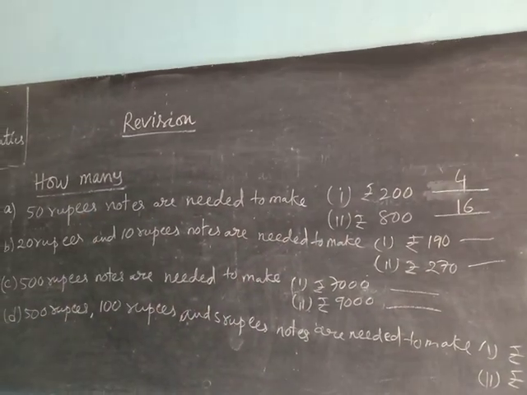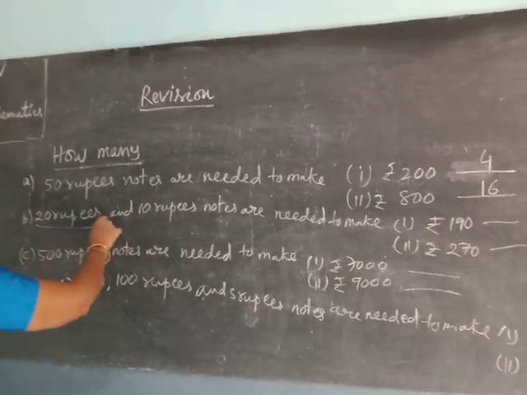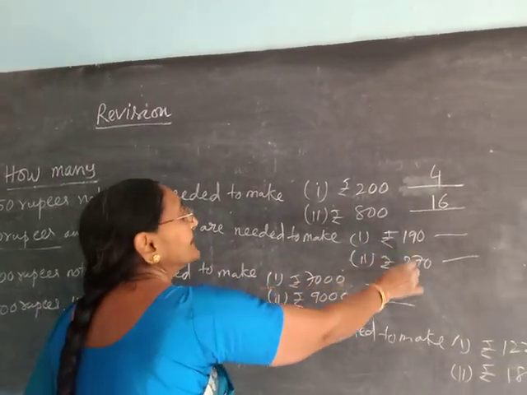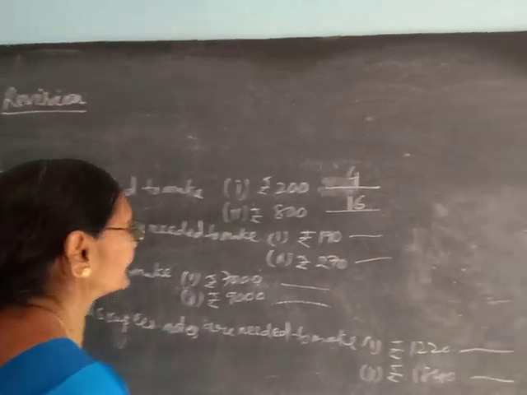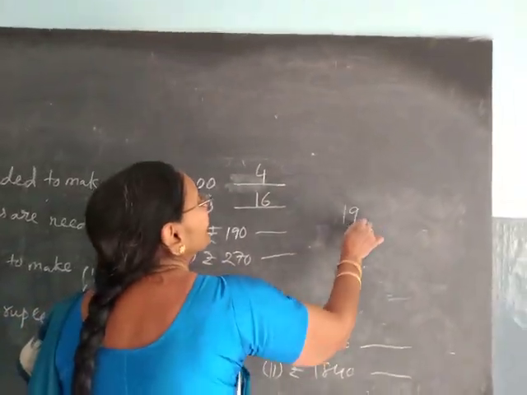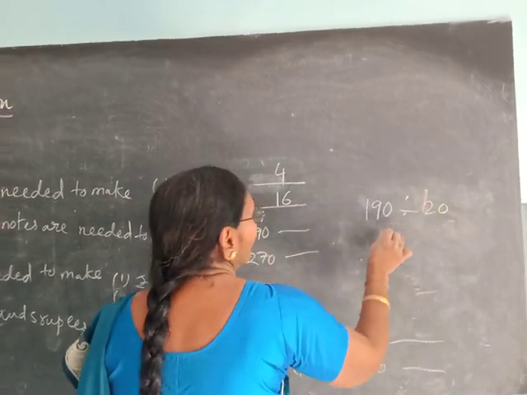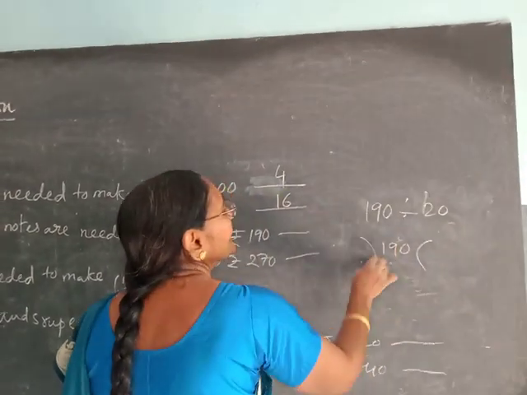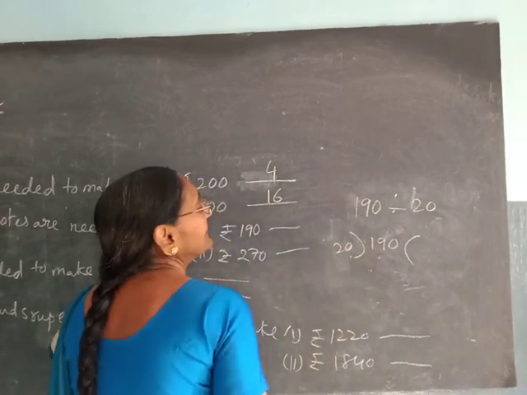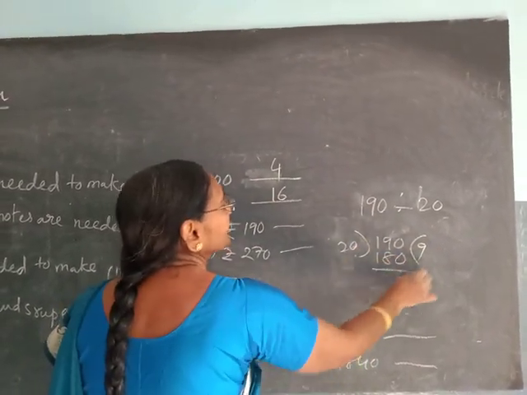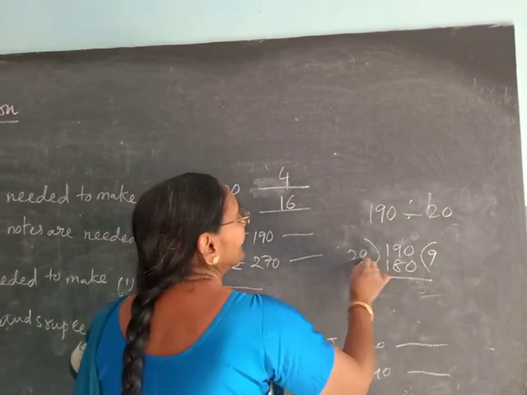Next, how many 20 rupee notes and 10 rupee notes are needed to make 190, and second is 270? First you have to divide 190 by 20. 190 divided by 20. 20 9s are 180, you know that. Then you put 0. Then 20 9s are 180.